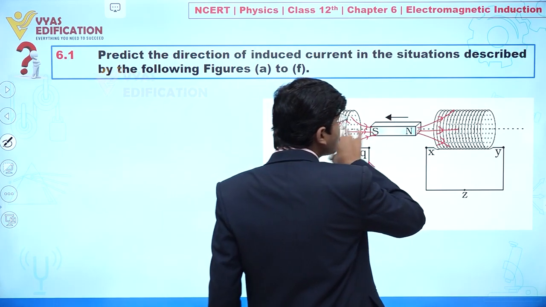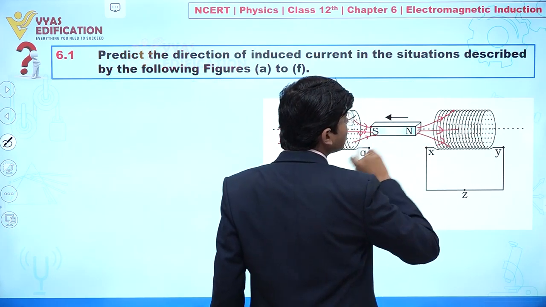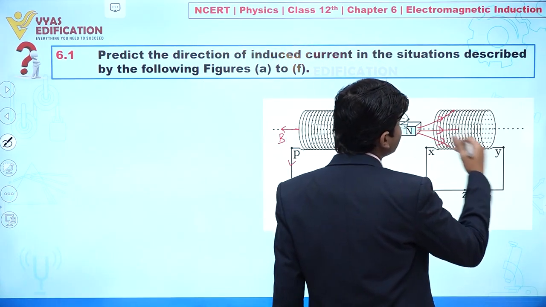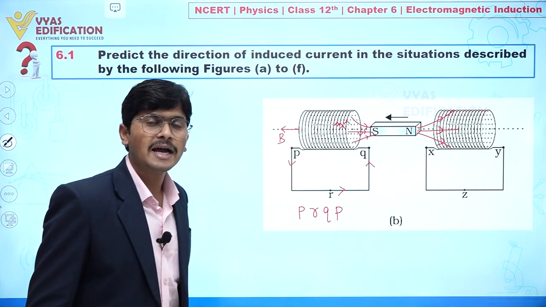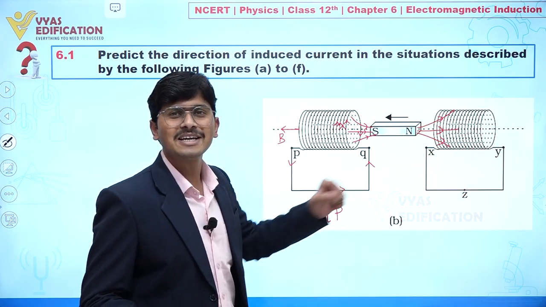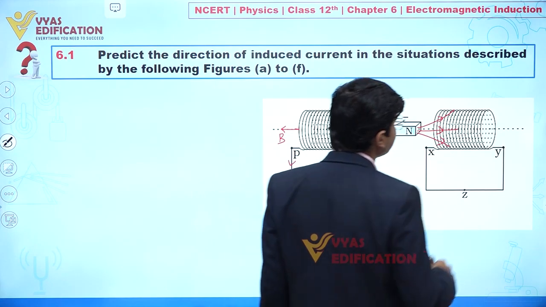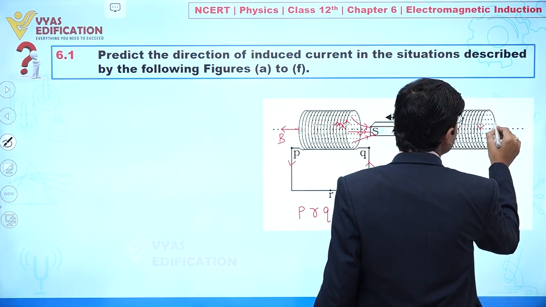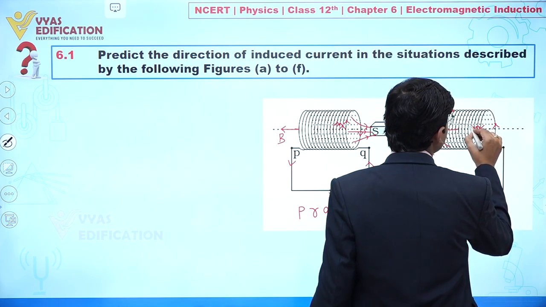So as the north pole is going away from this coil, the magnetic flux decreases. It means induced EMF will be generated, and the induced current direction will be like this, it will try to increase this magnetic flux, clear? So here the direction will be like this, this is the direction of induced current, clear.